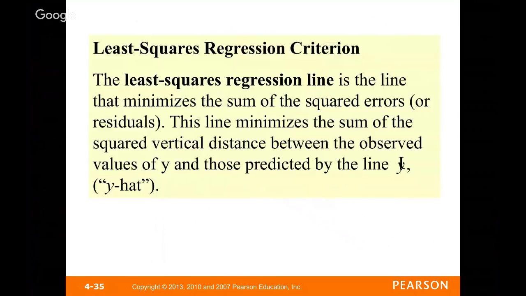So the first new slide is right here. I know some of the formatting's a little off on this, but basically what you're looking at is the least squares regression line. It talks about minimizing the sum of squared residuals, so the sum of squared errors. Residuals and errors are equivalent as far as we're concerned for this topic.